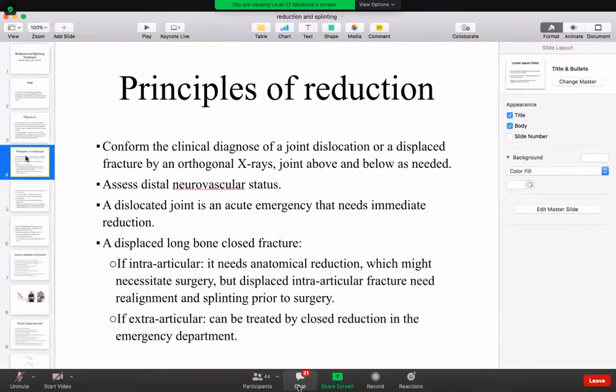You have to diagnose a patient either clinically or confirm it with x-rays. Always get the joint above and the joint below. When you have a patient with a dislocated joint or a fractured bone, you have to assess the neurovascular status before and after any procedure. That includes reduction or even splinting. A dislocated joint is an acute emergency that needs immediate reduction.